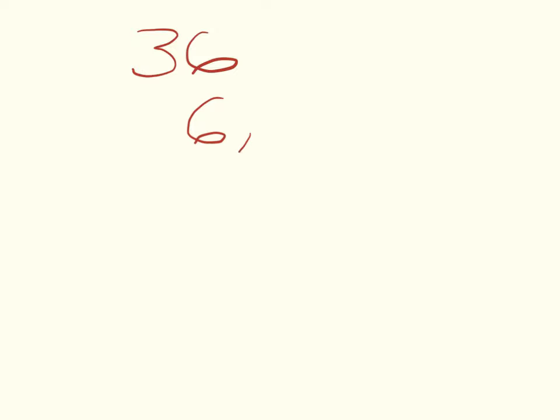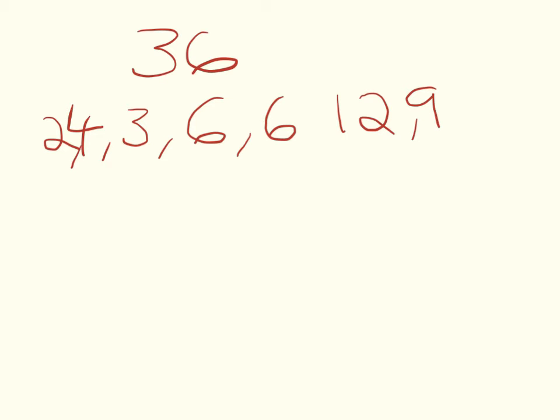We've got 6 and 6, 3 and 12, 4 and 9, 2 and 18, 1 and 36. So that gives us a total of 10 factors for that number, whereas a number like 3 only has 3 and 1.